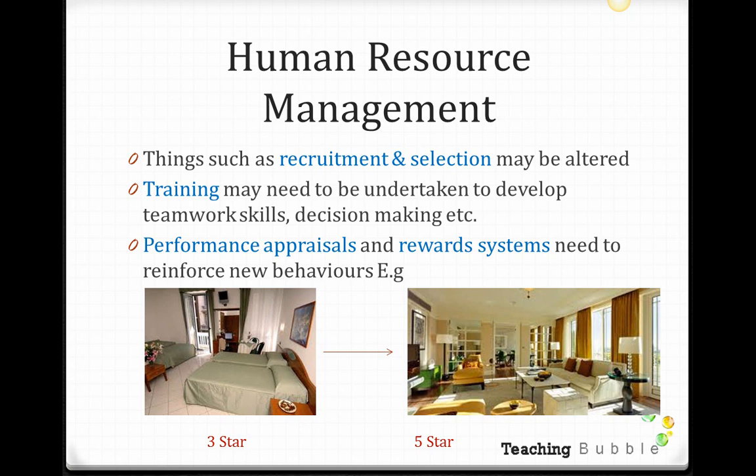Who you're selecting to become your employees will change, because they need this higher level of skill and ability and knowledge and customer service skills. So that is going to alter the way you recruit and select people. As well, training is going to be very different.